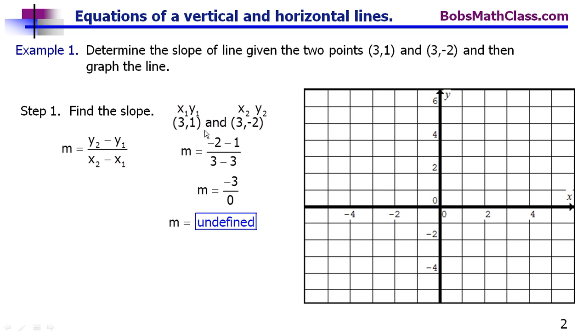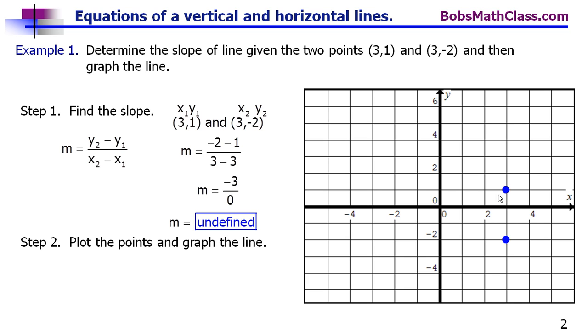Okay, so we have these 2 points, and we figured out our slope is undefined. Let's take a look at the graph of the line now. We'll go ahead and plot these points on this graph over here. 3, 1, and 3, -2. Here's 3, 1, and here's 3, -2.